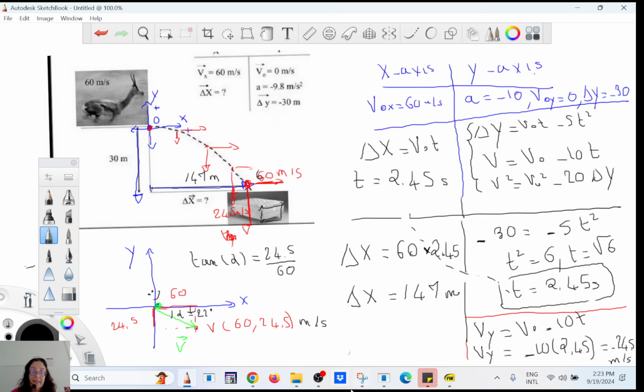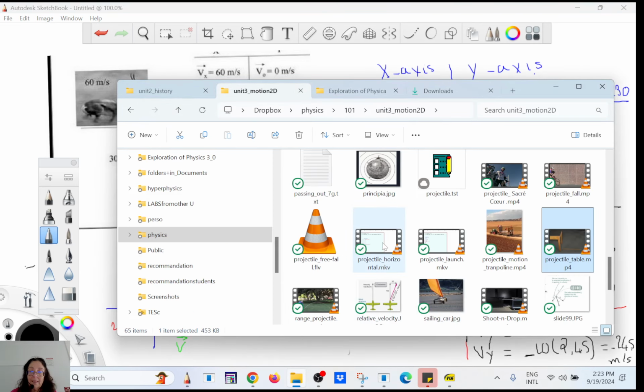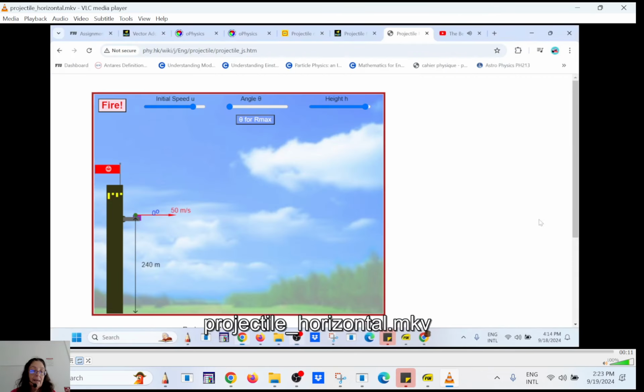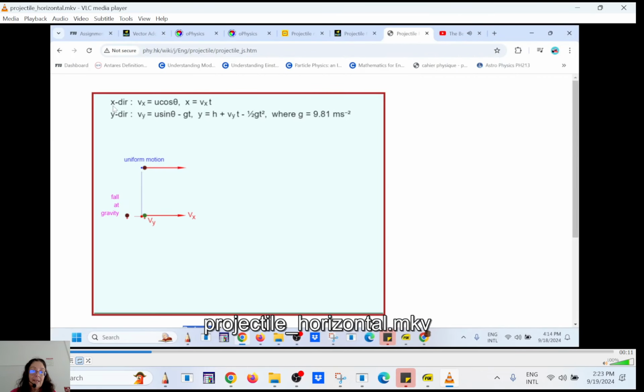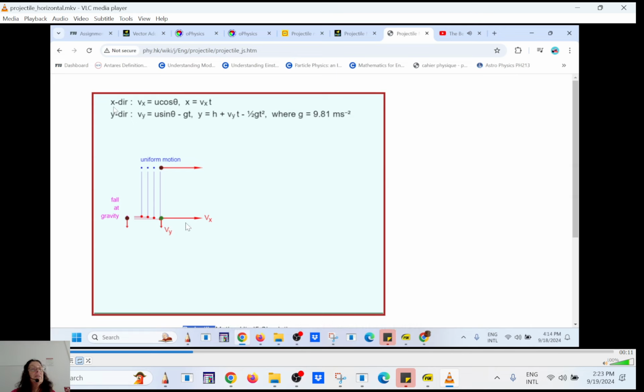So again, if I go back to this app here, at a given time, the projectile has two components. One is the x component, how fast it is going forward, and one is the y component, how fast it is going downward. But that's to solve your problem. At the end, you want to combine the components.